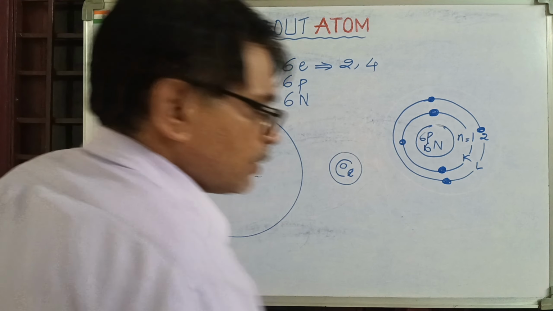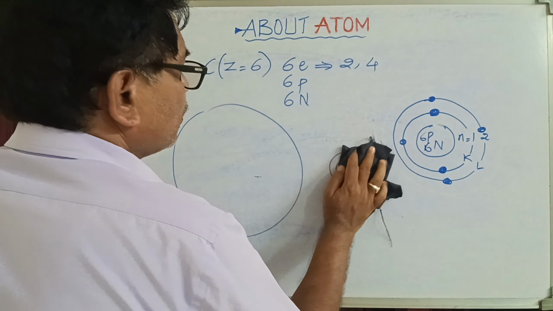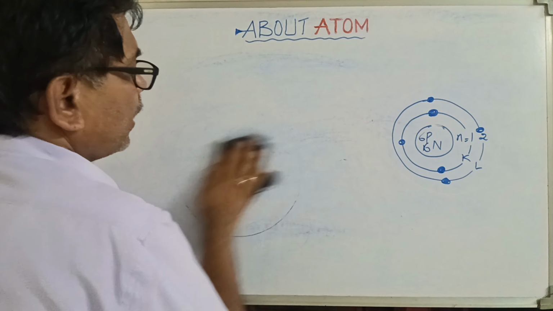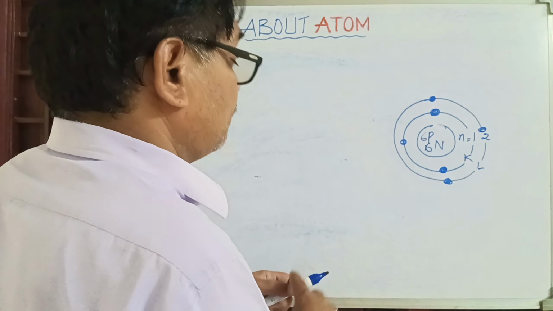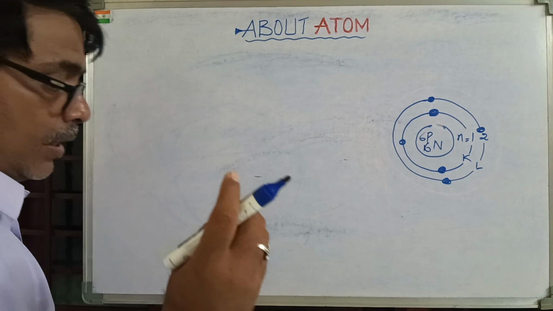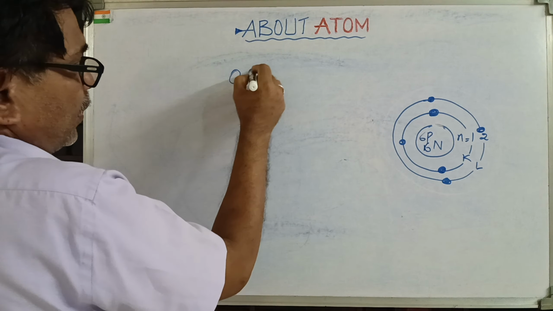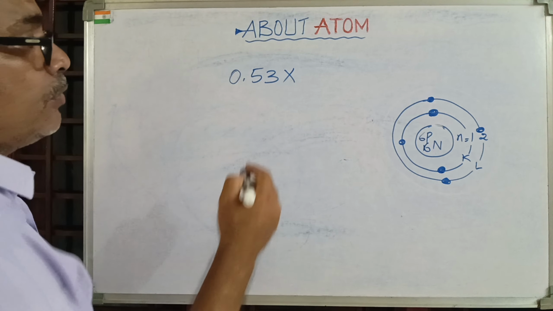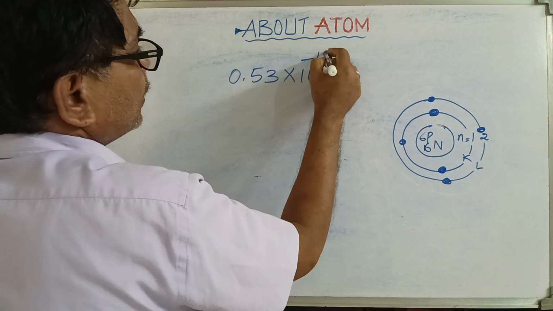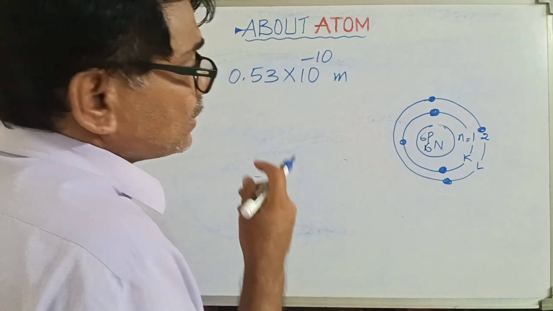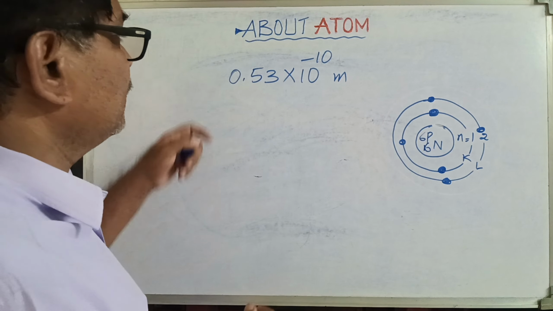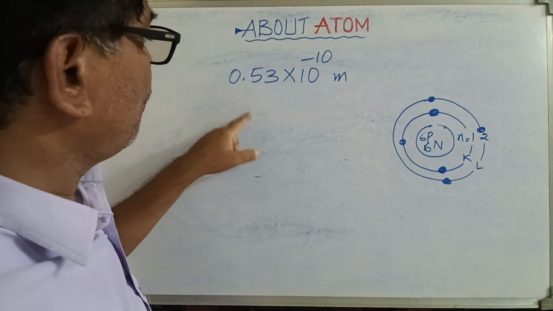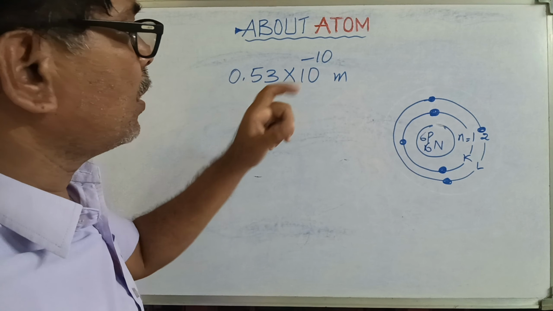When we speak about sizes, now we'll see the size, velocity and all that about the electron. Very interesting. The size of the atom is 0.53 into 10 to the power of minus 10 meter. This is the size of an atom. Minus 10 means after the decimal point there are 9 zeros, then these values start.